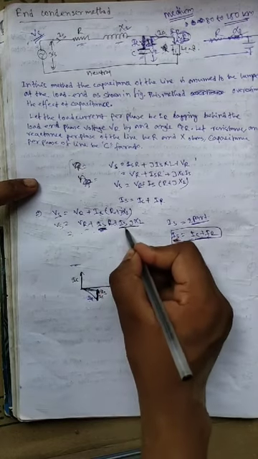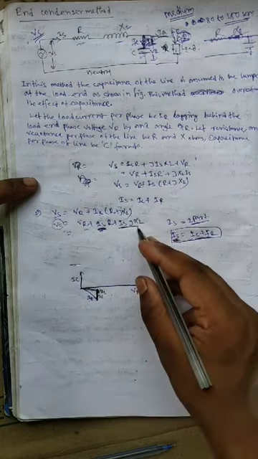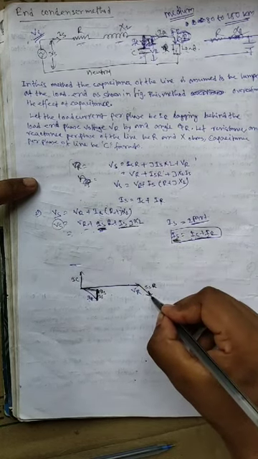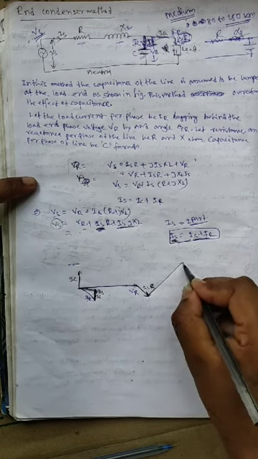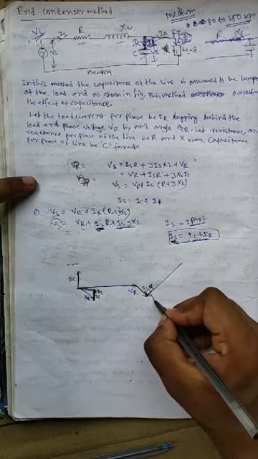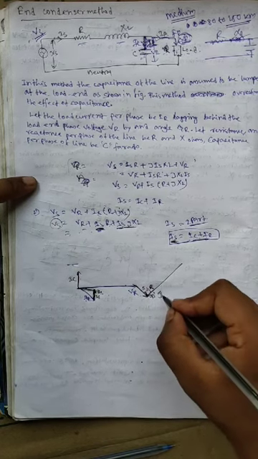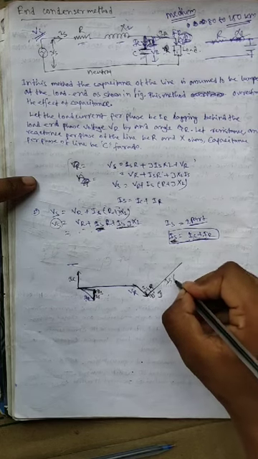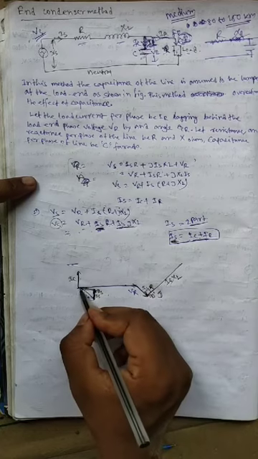If we draw this part, then we can calculate the sending end voltage. This is the j part, that means it is the 90-degree angle part. Here we draw the 90-degree part. J is 90 degrees, and this much is XL, inductive, that means leading XL.